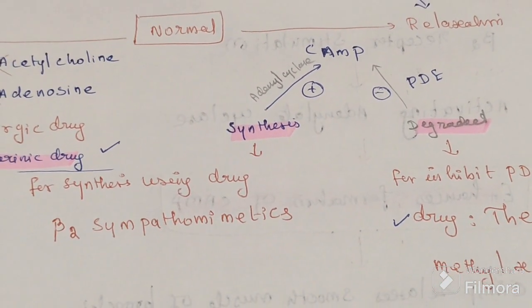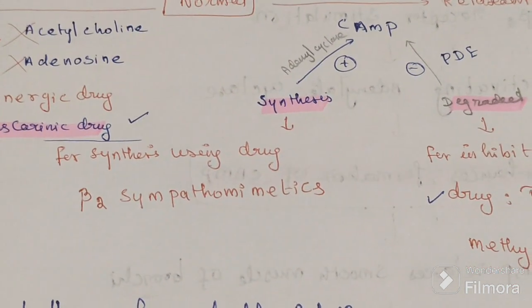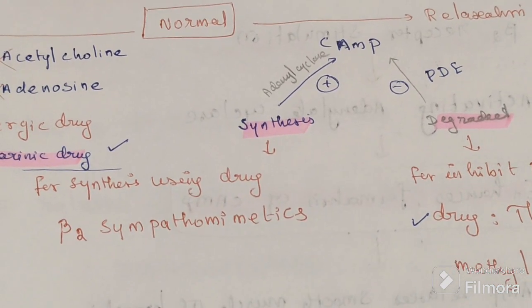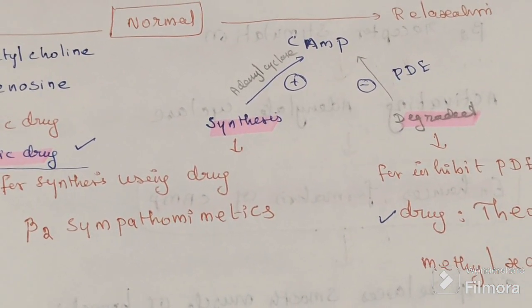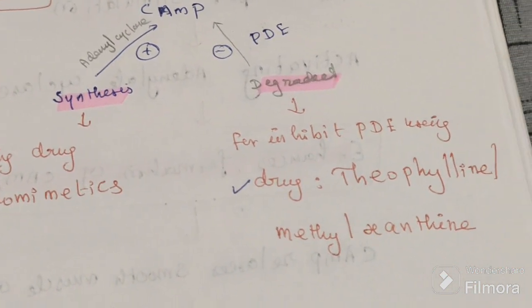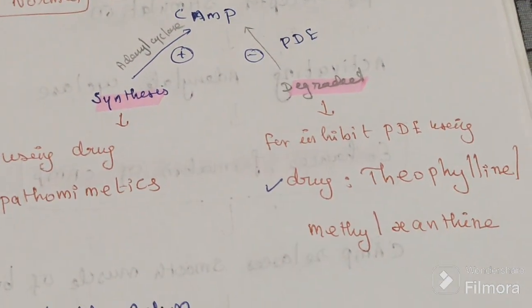The drugs which stimulate adenyl cyclase are beta 2 sympathomimetic drugs. That is the mechanism of action. The drugs which inhibit phosphodiesterase are theophylline and methyl xanthine.